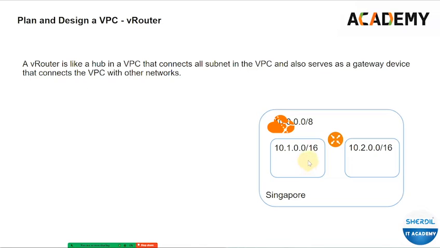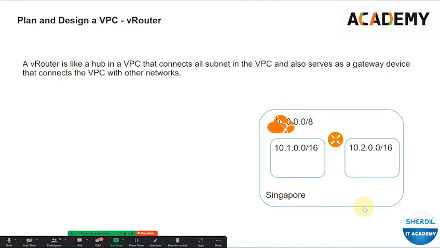Will the machines from both subnets communicate with each other without a router? No. Why? Because 10.1.0.0 and 10.2.0.0 are different subnets. Once the subnets are different, they will not communicate with each other.